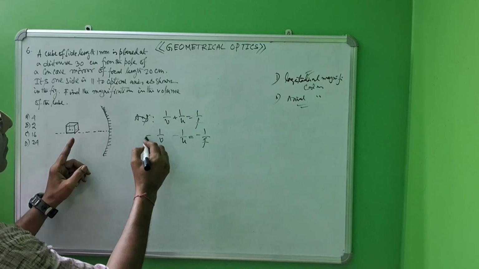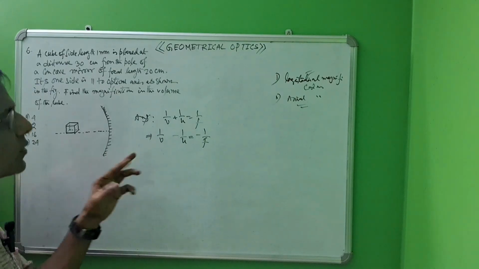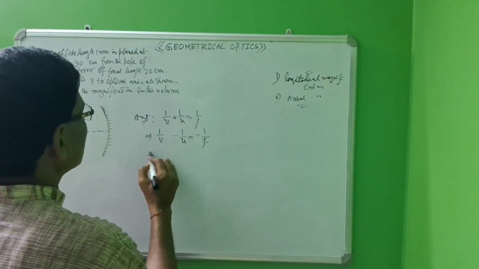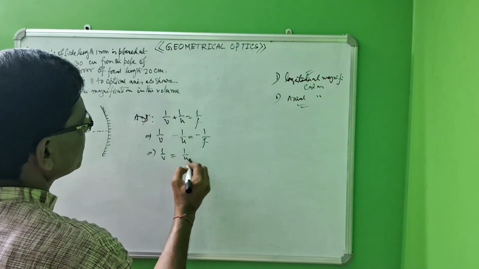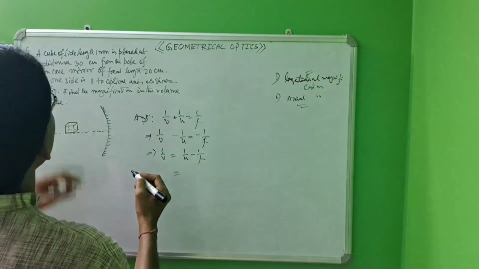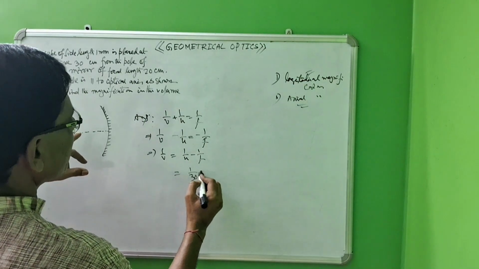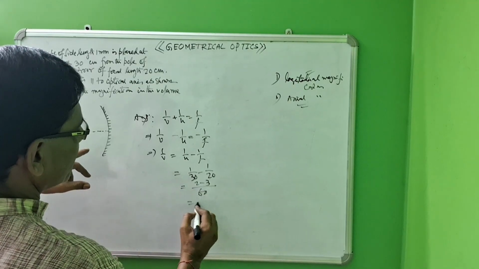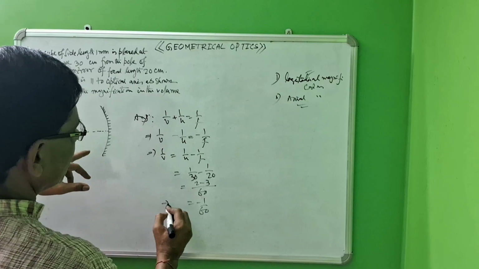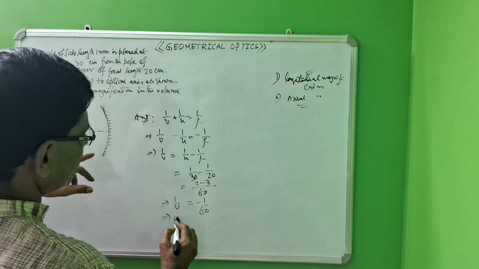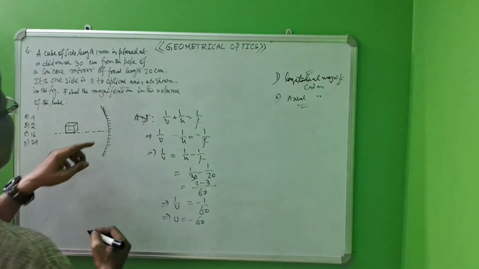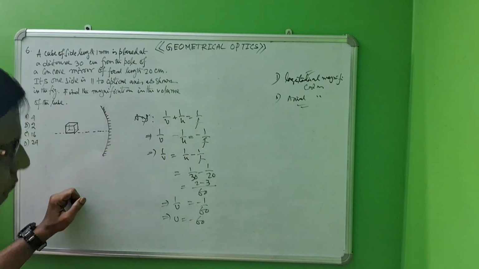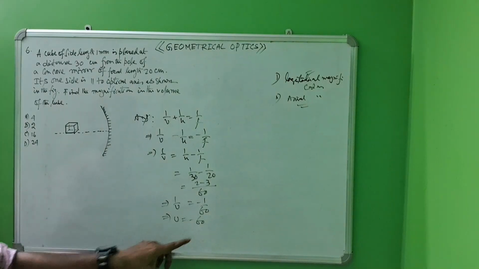Applying the sign convention, 1 by v equals 1 by u minus 1 by f. Putting the values, 1 by 30 minus 1 by 20, you get 2 minus 3 over 60, which equals minus 1 by 60. So v equals minus 60. So the image will also form in this direction, not in this direction, because v is minus 60.